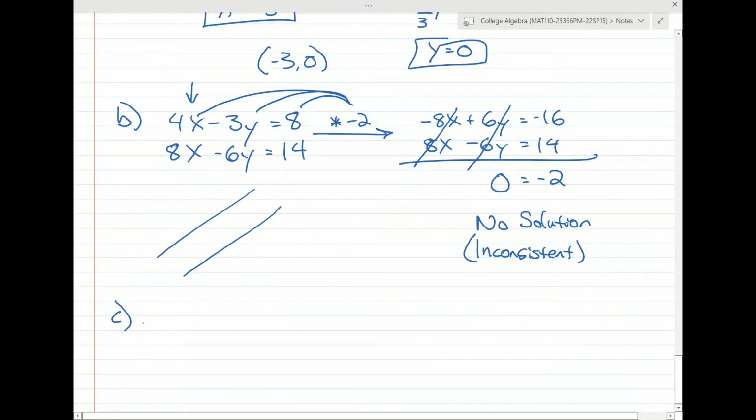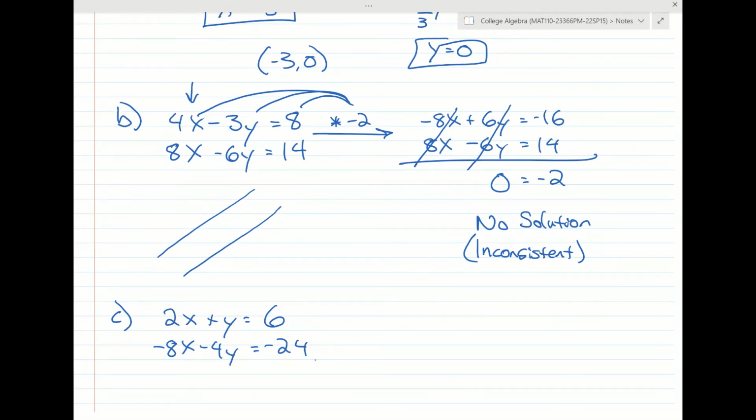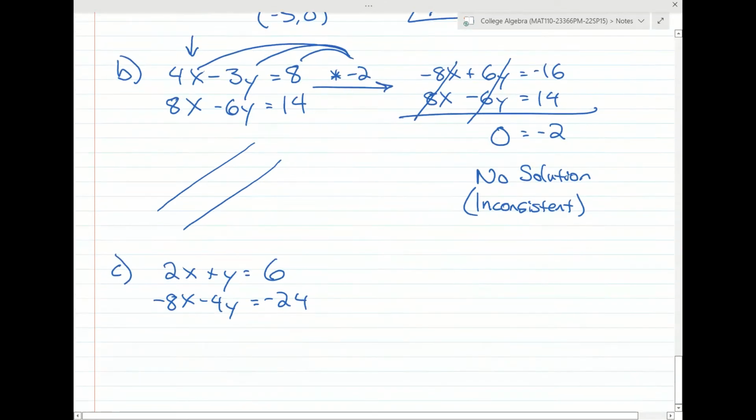Speaking of weird looking things, how about 2x plus y is equal to 6 and -8x minus 4y is equal to -24? Looks like they're kind of similar.